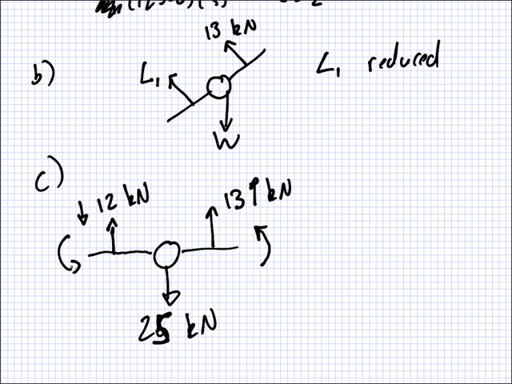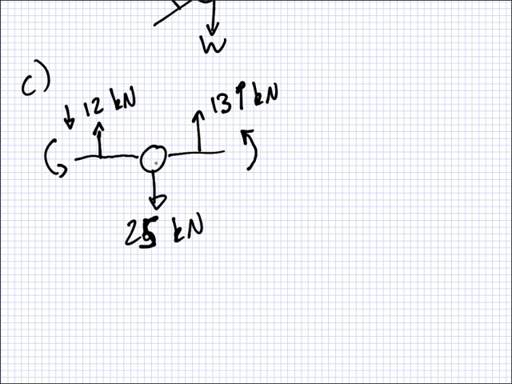And they want to know what's the total turning force now. So if we take this as the turning point, again, this one is 13 times 3, anti-clockwise, isn't it? And this one here is clockwise.